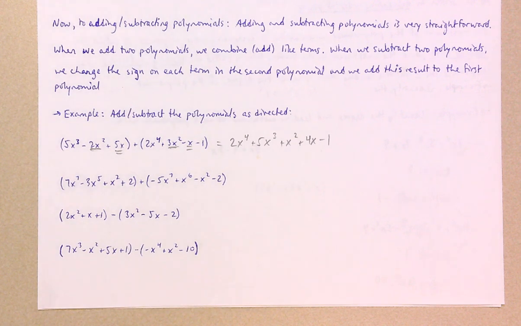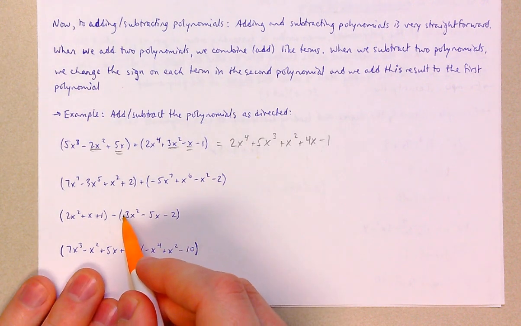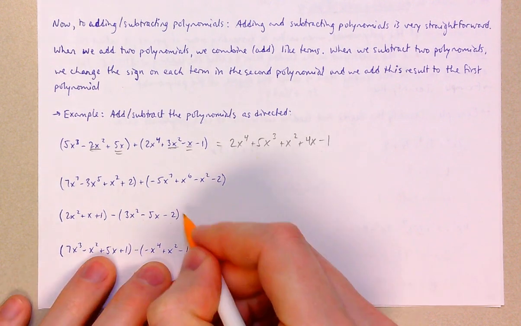So when we're subtracting, as we said, we have to change the sign that's in front of each term in the polynomial that's listed second, and then we'll take that result and we'll add it to the polynomial that's listed first. So right now I have a plus, a minus, and a minus.